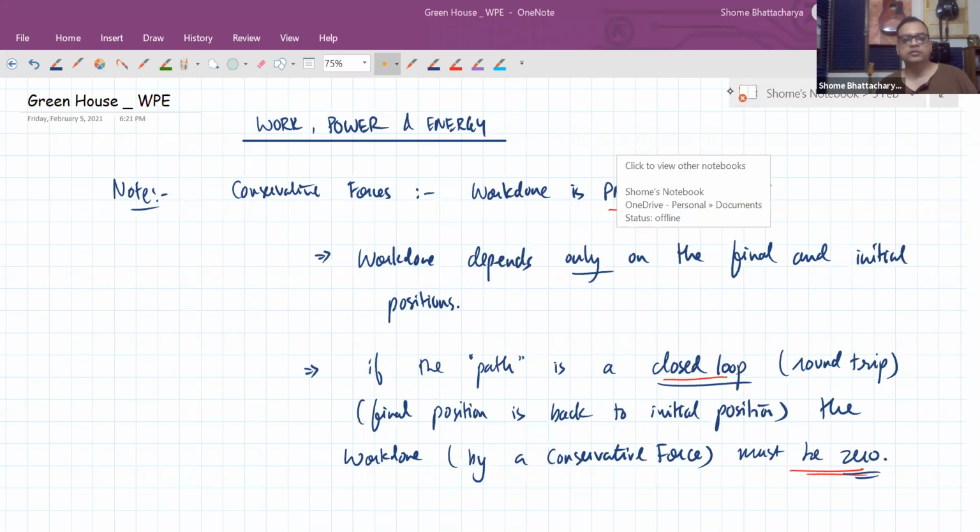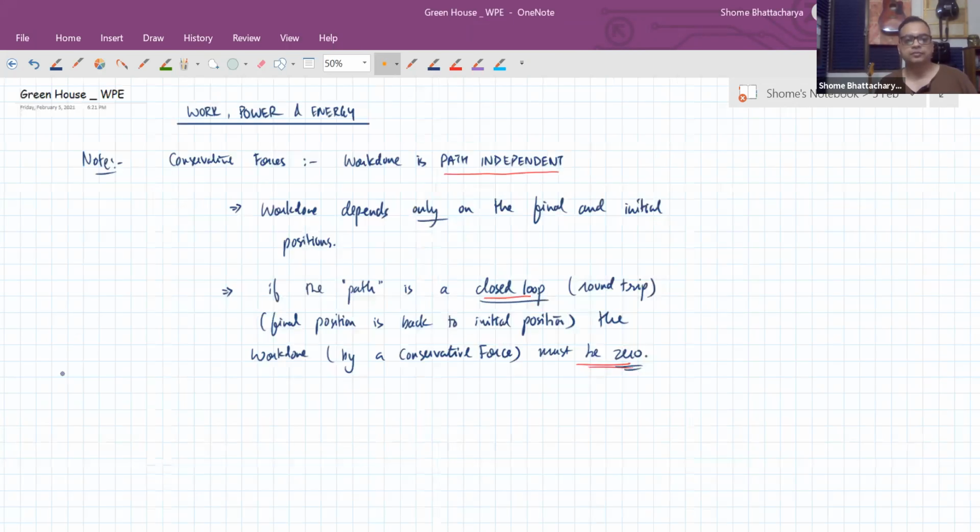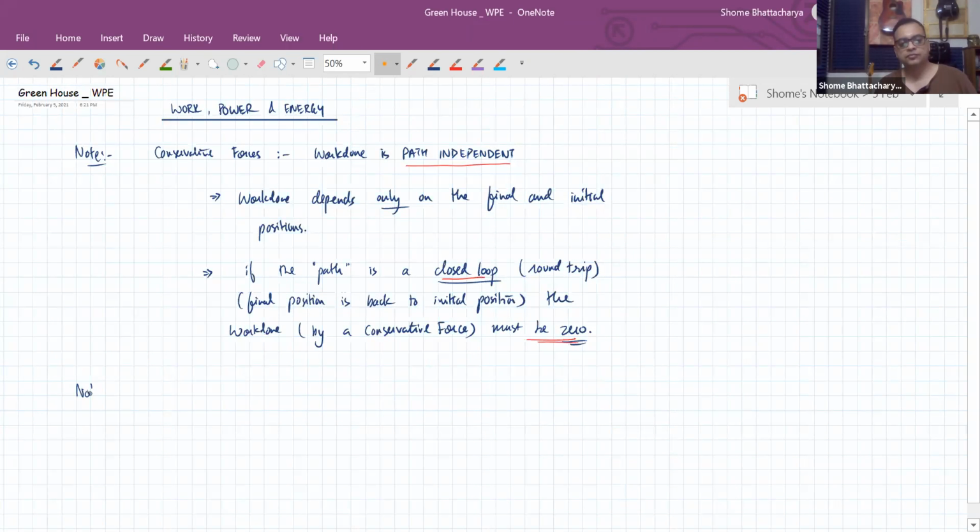So for non-conservative force, it becomes opposite. The work done will be non-zero in a round trip. So it's like the inverse of this statement. For non-conservative forces, the work done is path dependent. That means even in a round trip, the work done will be non-zero.